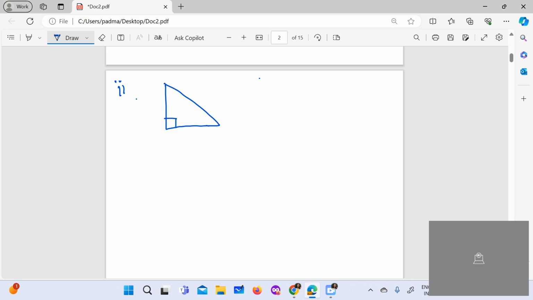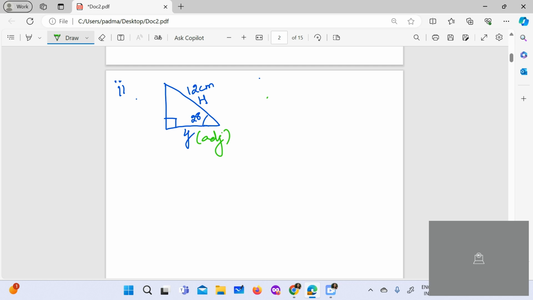So this is your hypotenuse, which is 12 centimeter, and then here is 28 degree. Okay, now you have to find this length. So if we look here with respect to this angle, this is adjacent side, and this one is your hypotenuse, which is mentioned already. And now we have to find the length of this side.